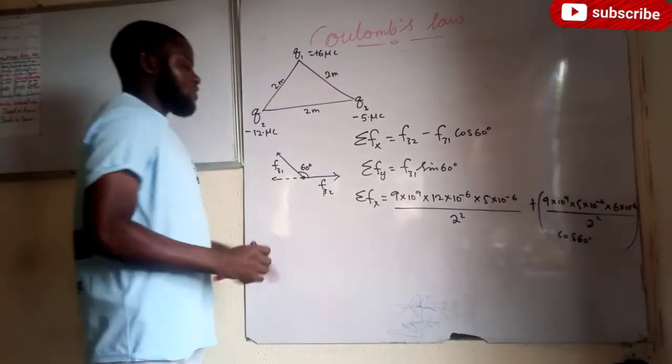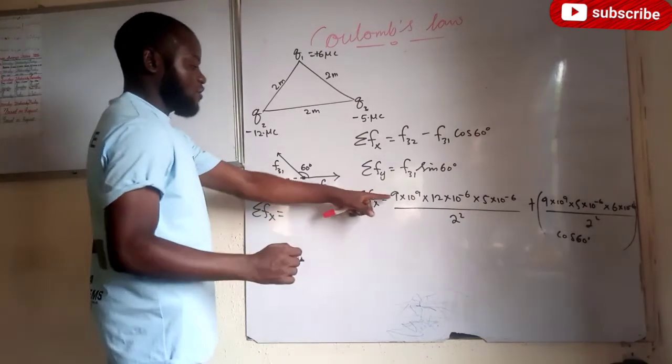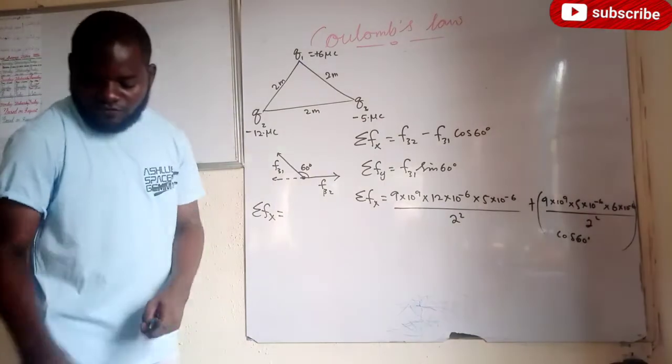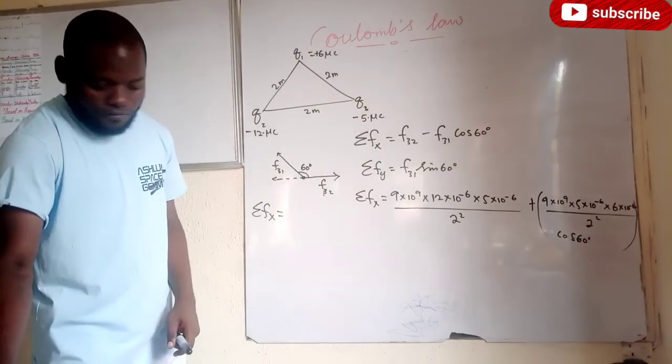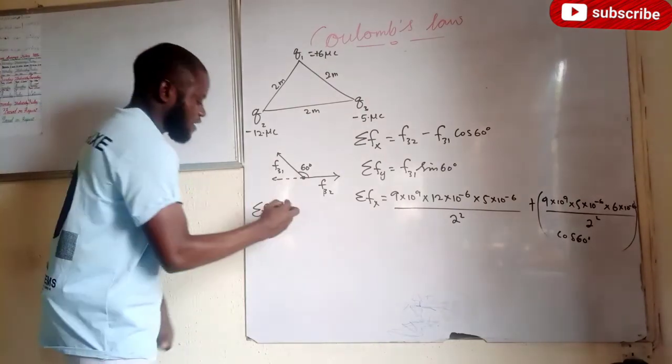Cool. So I have that the summation of the horizontal axis is going to be 9 times 12 times 5, that should give us 216 if I'm not mistaken. 9 times 12 times 5, okay, that's 540, okay?